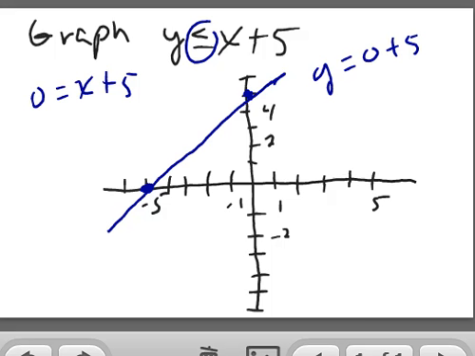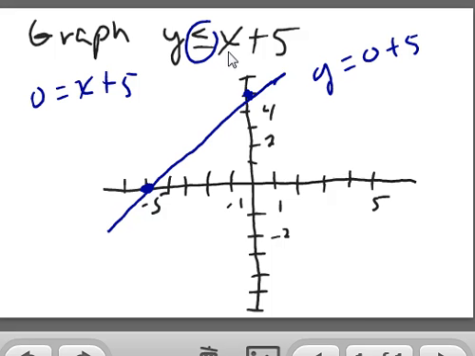Now the next thing to consider is the shading. Remember that when we're working with inequalities, one side of the line gets shaded based on the type of inequality that we have. Again, this is a less than or equal to, and we're talking in terms of y.